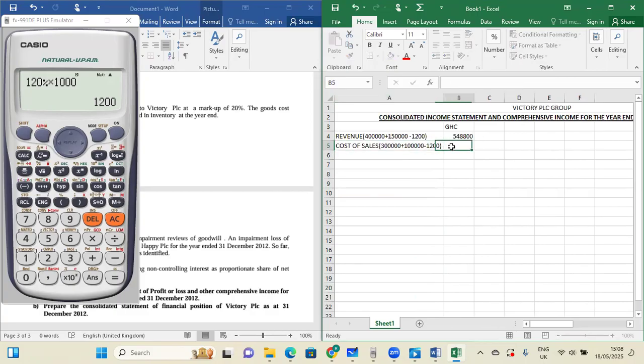And then it is going to be equal to plus. So now we subtract. So this is going to be our gross profit.